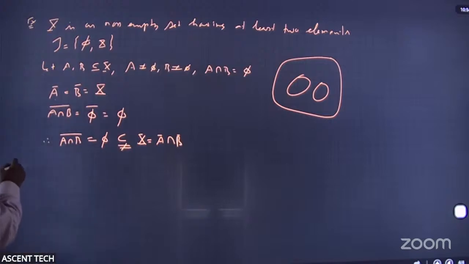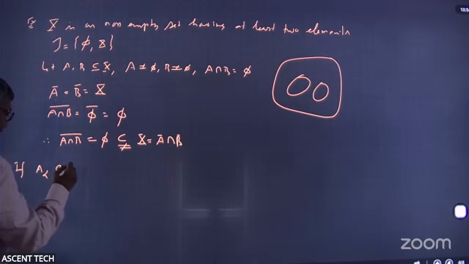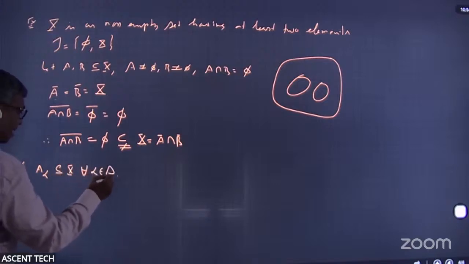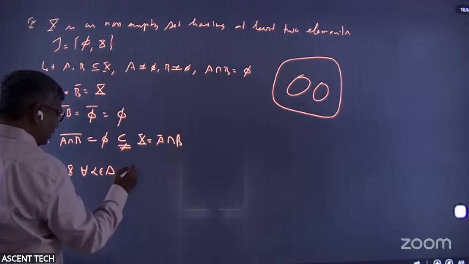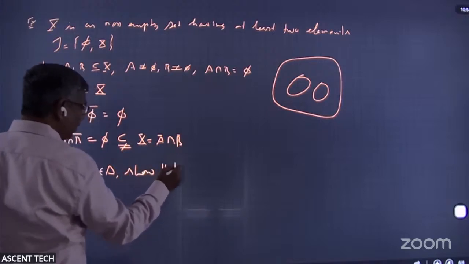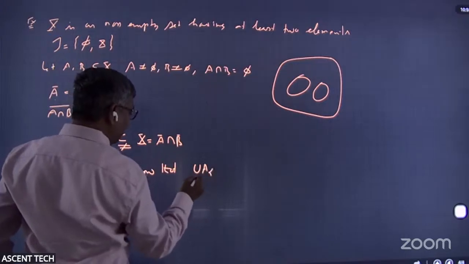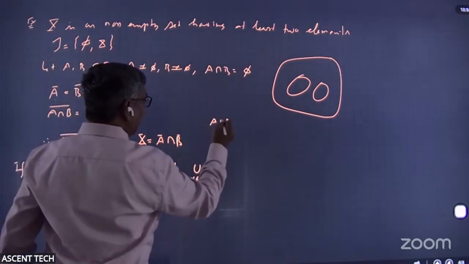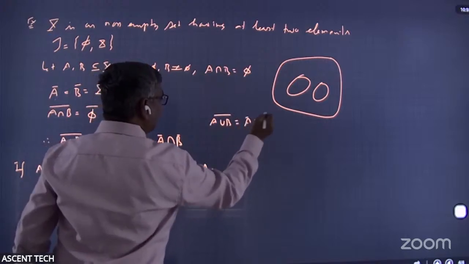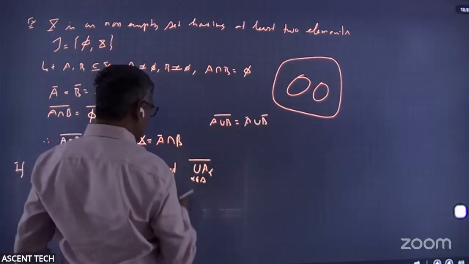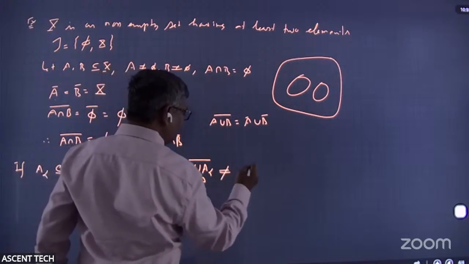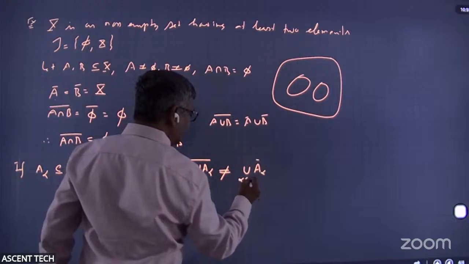I can ask you a question. Even the following is also not true. If A alpha is a subset of X for each alpha in delta, show that the closure of the union of A alpha is not equal to the union of A alpha bar, alpha belongs to delta, in general.